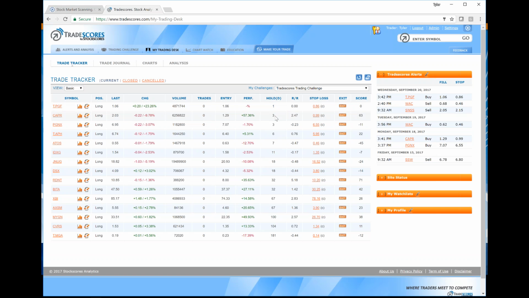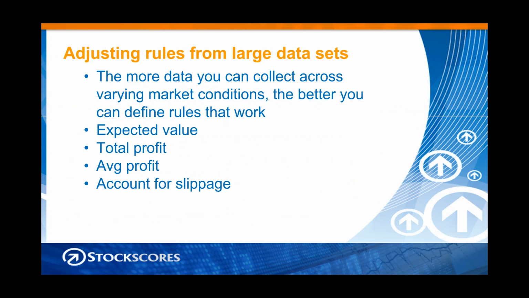So here I can see the hold period, 3 days, performance 57%, RR 2.47, and you can see there's some losers, some winners, and I'm trying to maximize the overall return through a testing process. And as you do that, you can then adjust your rules from large data sets.